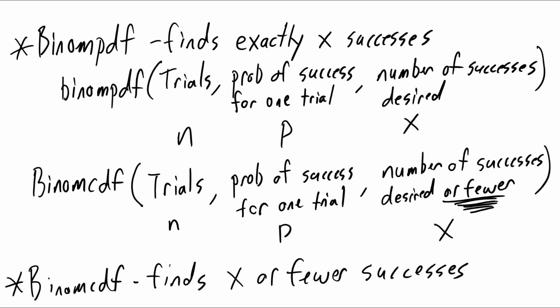Binomial CDF finds X or fewer successes, but we can use it to find X or more successes, or we can use it to find the number of successes between two numbers. But the function itself only finds X or fewer successes. We just have to work around that to find some of those other things.